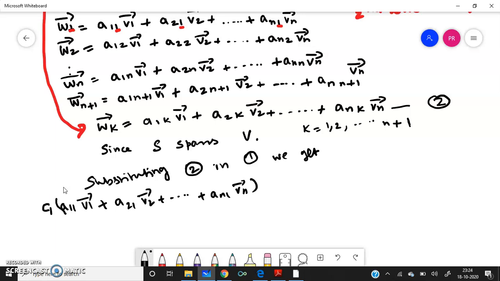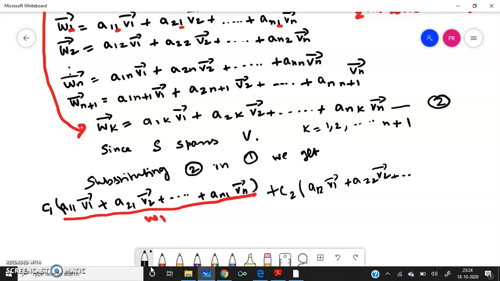This whole thing is my W1. Plus C2 into A12 V1 plus A22 V2 plus and so on plus An2 Vn. The whole thing is my W2.